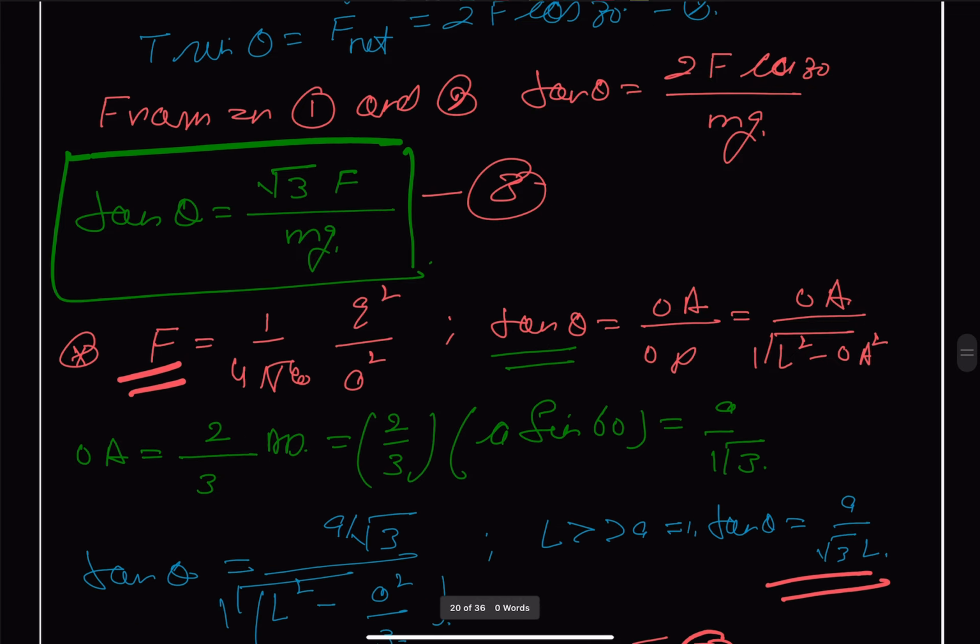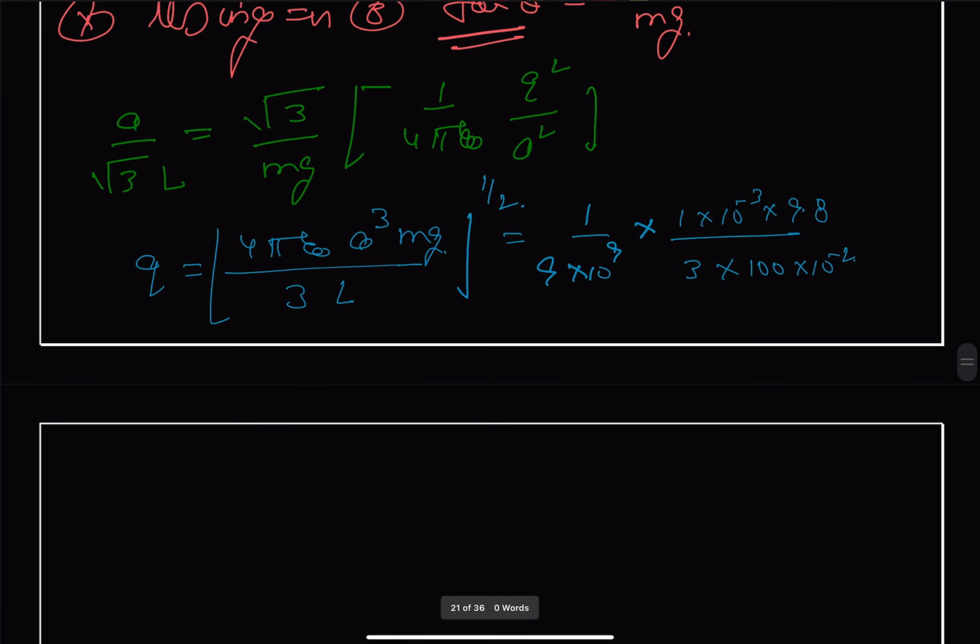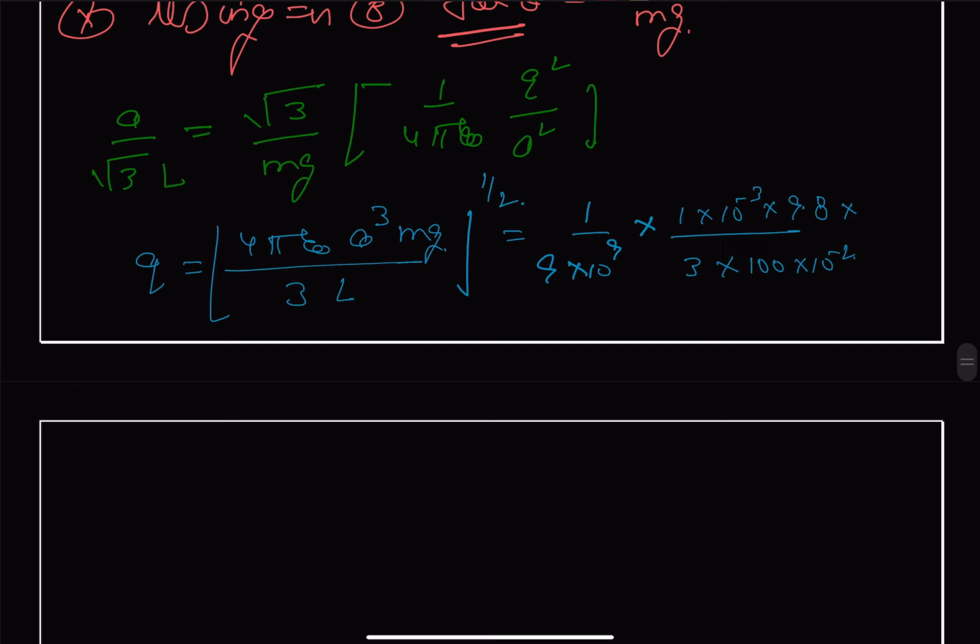So it means 3 into 10 to the power minus 3. 3 into 10 to the power minus 3 whole cube. Sorry, 3 into 10 to the power minus 2. And this comes as 1 by 2.